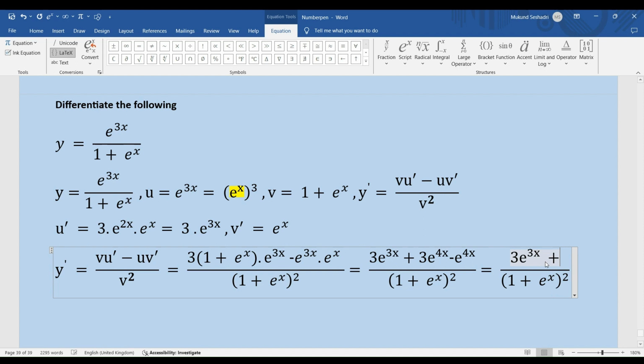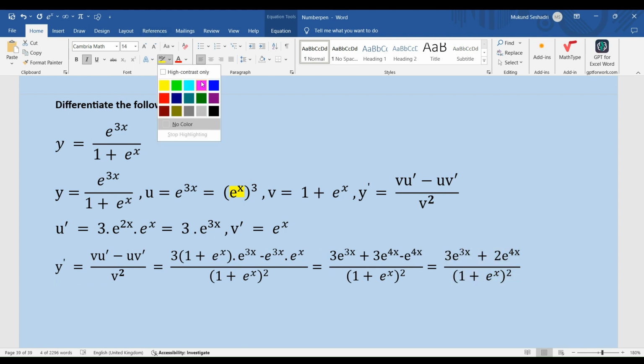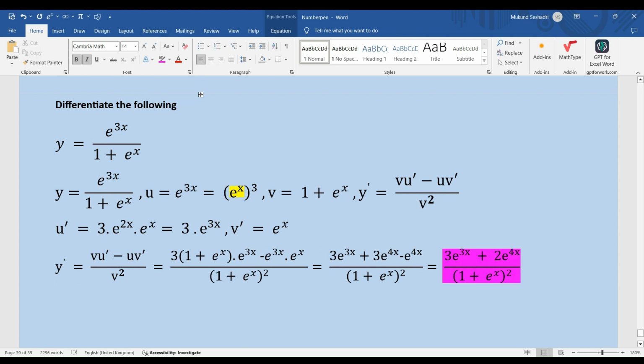And the second part becomes plus 2 times e to the power 4x. So that's my final answer. I'm going to highlight it in pink. So 3 times e to the power 3x plus 2 times e to the power 4x, the whole divided by 1 plus e to the power x, the whole square. So that's the final answer for this problem.